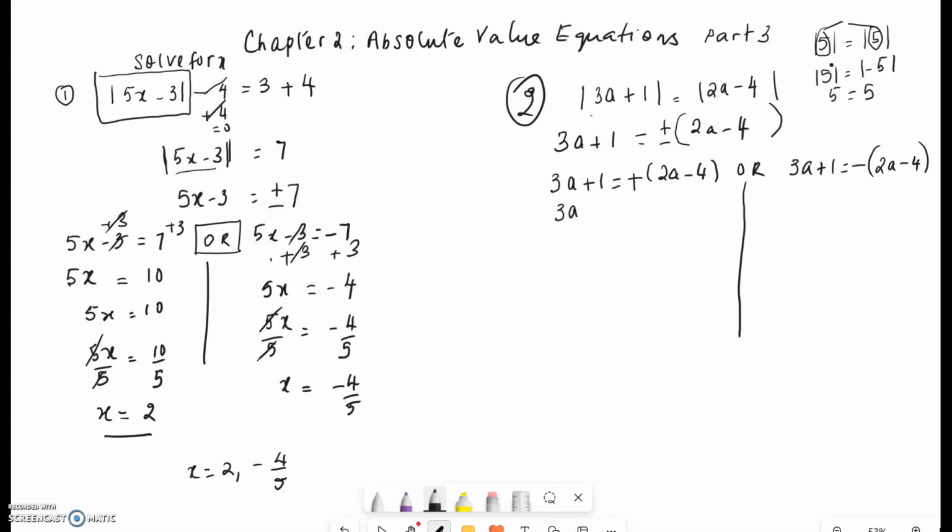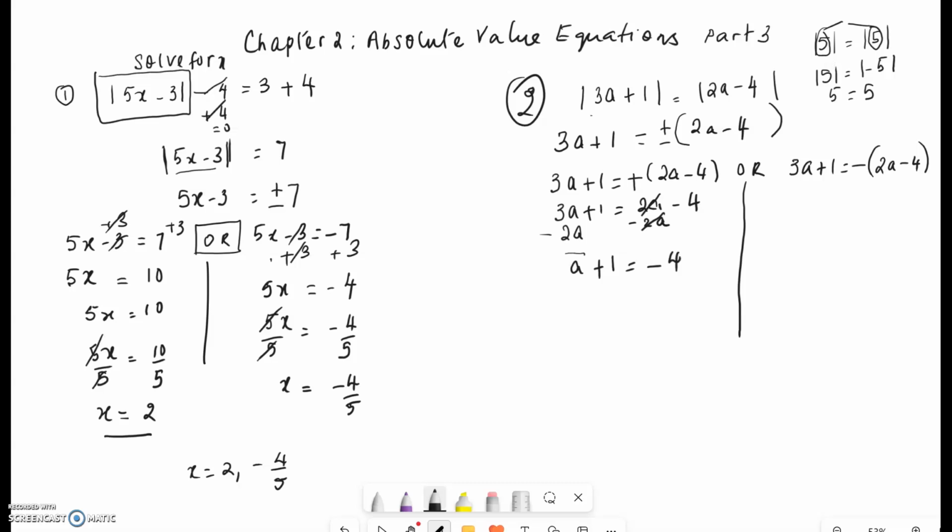So 3a plus 1 is equal to 2a minus 4. We get all the a's on one side. We are trying to solve for a. So let's get rid of the a on the right by subtracting 2a on both sides. 3a minus 2a is a, plus the 1, plus 2a minus 2a is 0, equals negative 4.